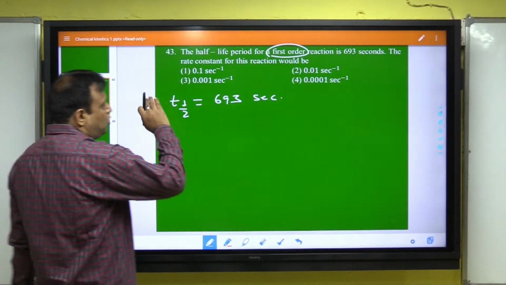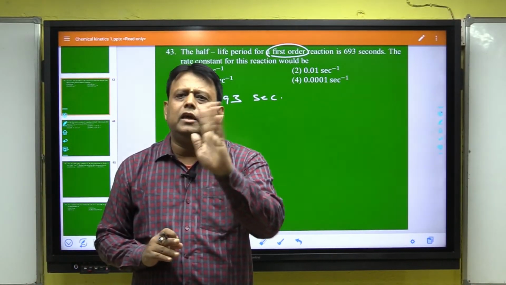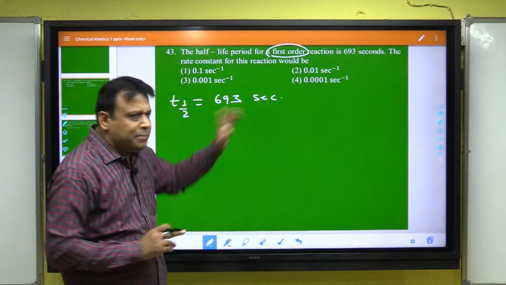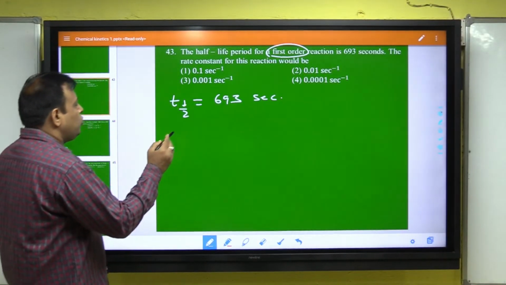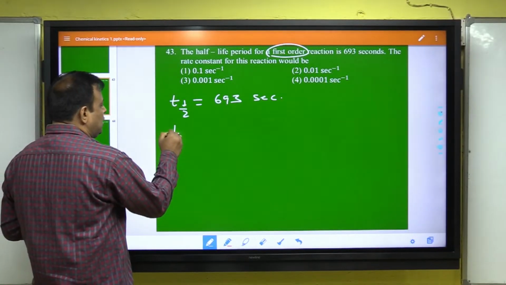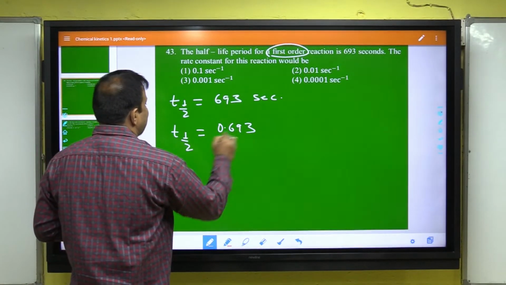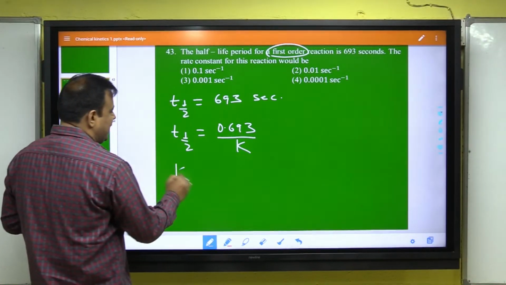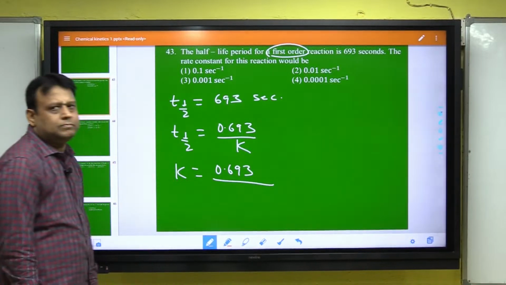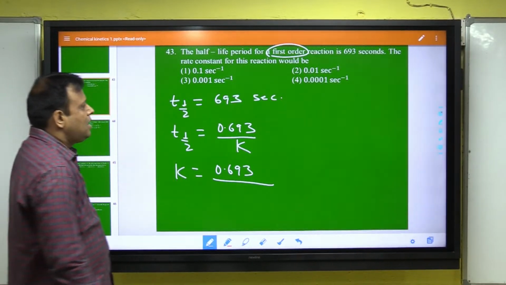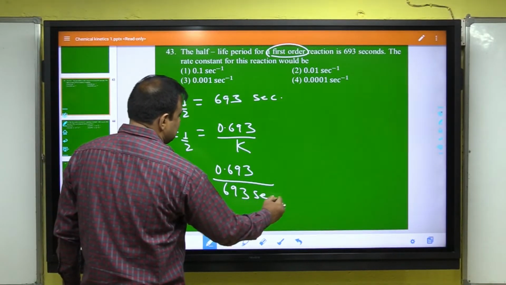Listen, most important and similar to your examination, half-life given. What will be rate constant in first order? We know that in first order, T half is equal to 0.693 by K. Then K is equal to 0.693 dividing by half-life, and half-life given 693 seconds.